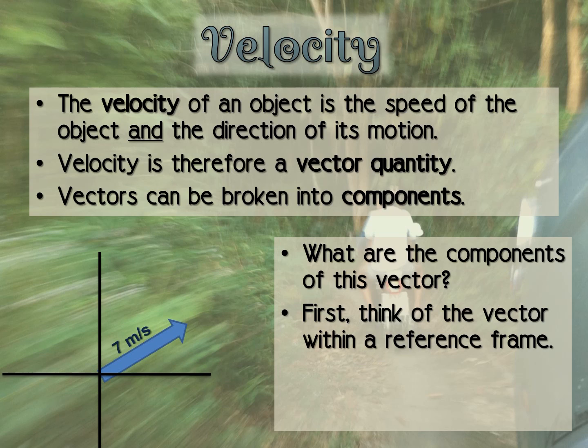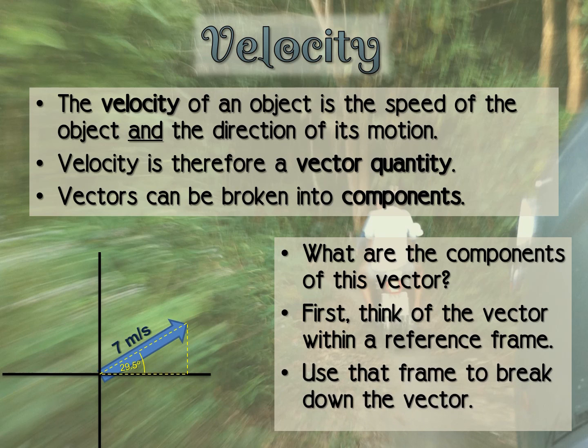So we've chosen to put the origin of our frame of reference at one end of the vector, and we can now think about that vector within the frame of reference. And what might be jumping out at you now is that we can create a right-angled triangle around the angle between the vector and the x-axis. Now we have a right-angled triangle and we have a vector with a magnitude of 7 as its hypotenuse.